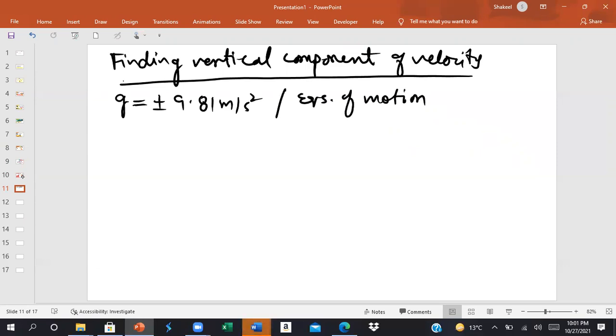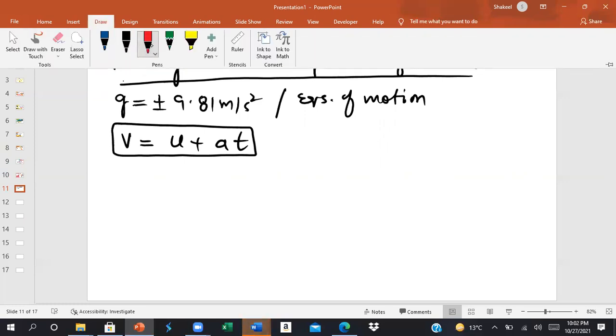Usually we use v = u + at. Now we modify it for projectile motion.